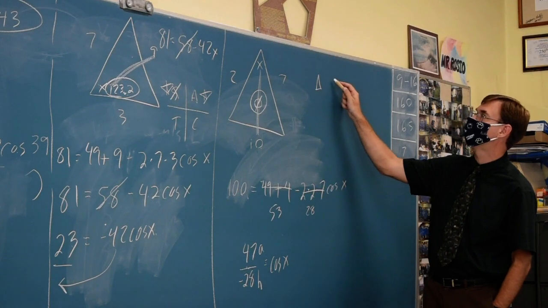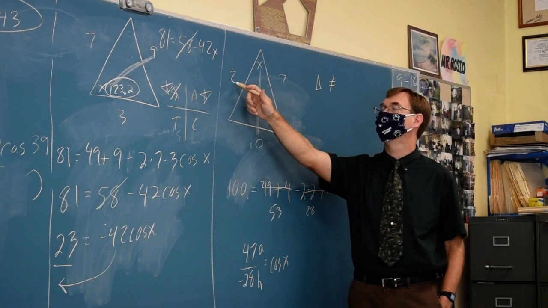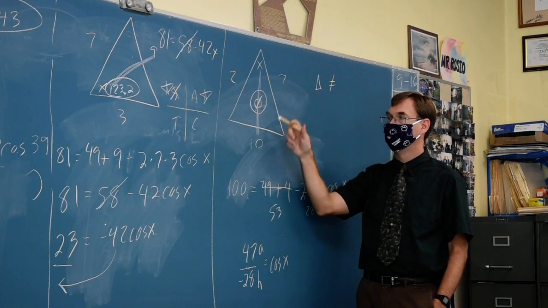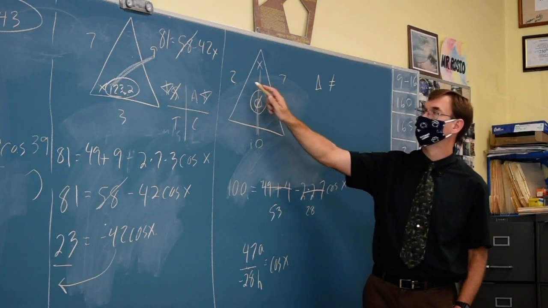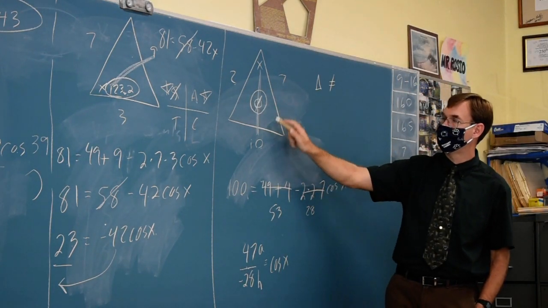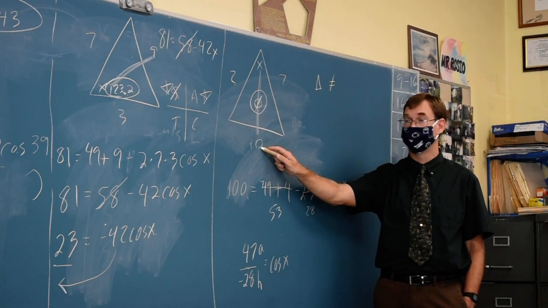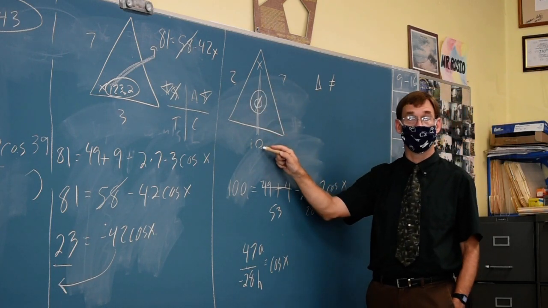There's a thing called the Triangle Inequality that tells you any two sides, if you add them, has to be bigger than the third side. So even if this were an 8, 2 and 8 could never make a triangle even with a 10 either. It has to be bigger, not even just equal. Like 2, 9, and 10 could work.